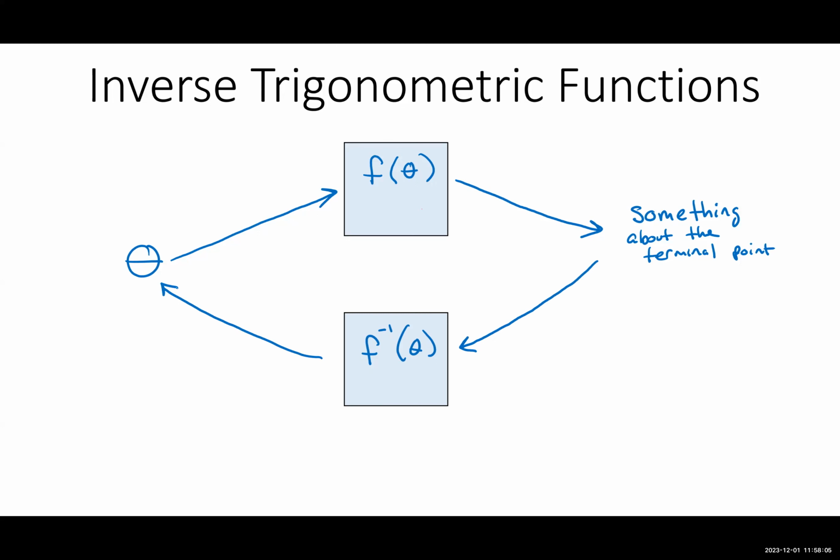So if the function maps an angle to a value related to the terminal point, well, then the inverse function should take as an input a value related to the terminal point, and the output should be the original angle. Okay, so that's just based on our knowledge of inverse functions.